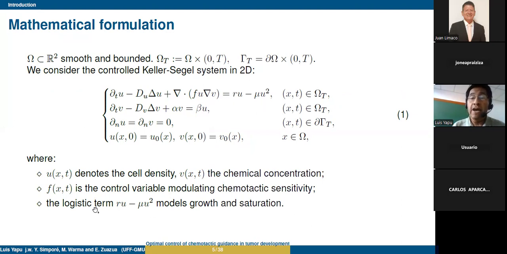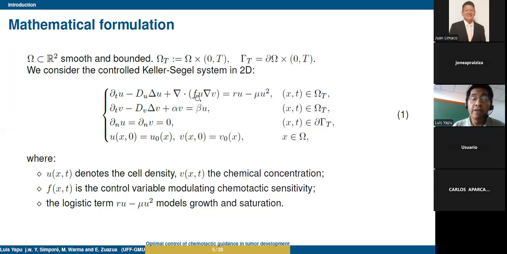We will add a term in the right-hand side, which models a logistic term, which allows us to control, because it's known that this kind of model has blow-up phenomenon. So in that case, the logistic term helps to control that.